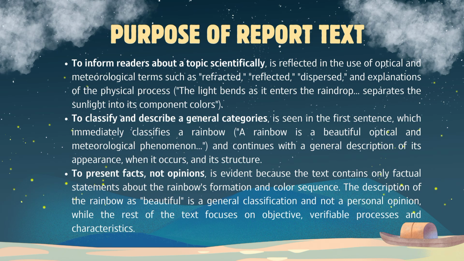Third, to present facts, not opinions, is evident because the text contains only factual statements about the rainbow's formation and color sequence. The description of the rainbow as beautiful is a general classification and not a personal opinion, while the rest of the text focuses on objective, verifiable processes and characteristics.